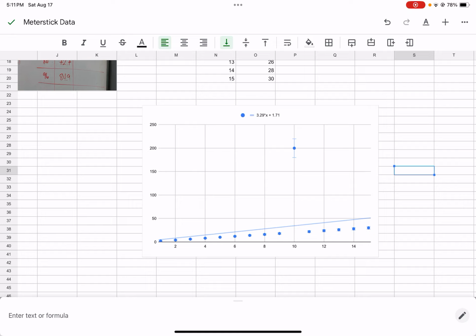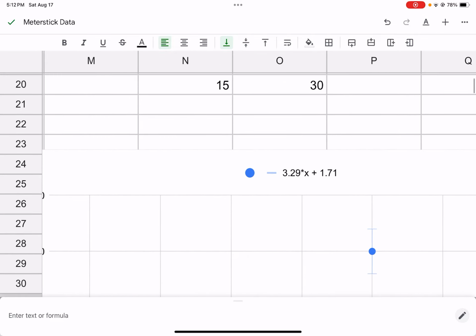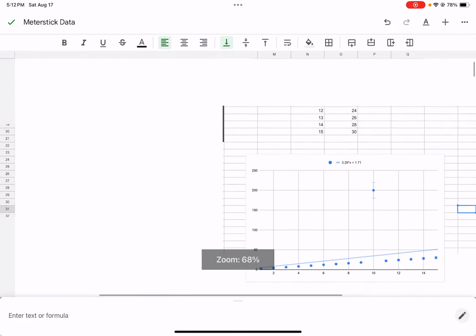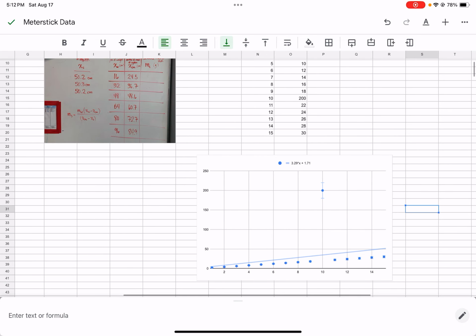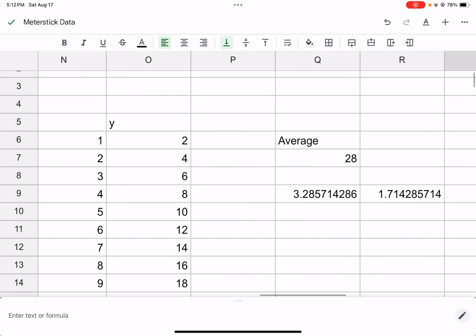But again, granted, you already know it's an outlier. In the real world, we don't really know all the time where the outliers are. So we know the slope should be 2. And so obviously the outlier is affecting the least squares regression line a little bit, but not by as much as the average, right? So the difference between 2 and 3.29 is 1.29. That's definitely, at least, you're minimizing the effect of your errors a lot better than just taking the average of stuff.